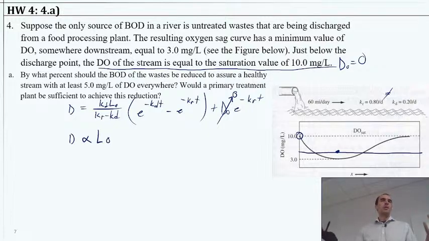We can use the same equation for the deficit at that minimum, right? So if we keep all of that the same, some arbitrary time, this direct proportionality is going to stay the same. So that means we can actually say that. Now I see it written on my notes, the little proportionality symbol.